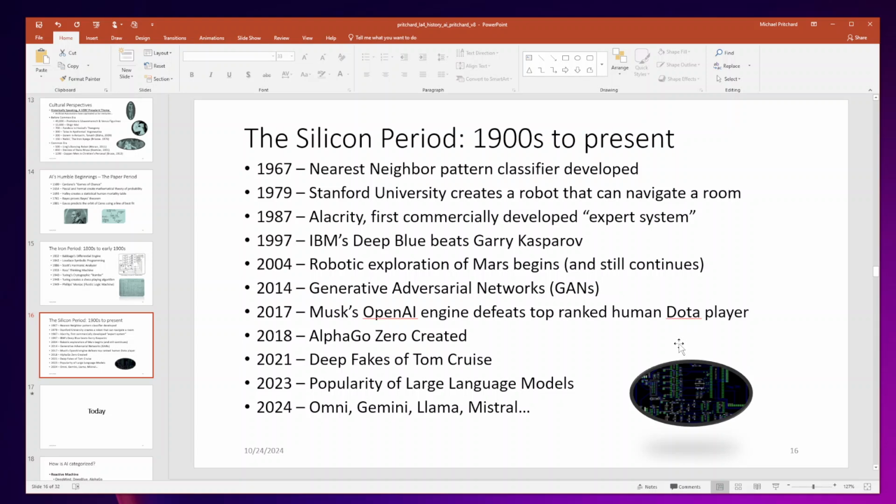This is to the point where the models you see today, Omni, Gemini, Llama, Mistral, we work with these in MLAS 800, which is primarily a large language model course. And we use Llama more specifically from Databricks. It's an open source large language model, a 3 billion parameter model, which is actually pretty decent in size.